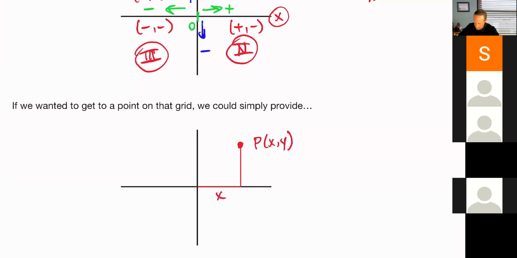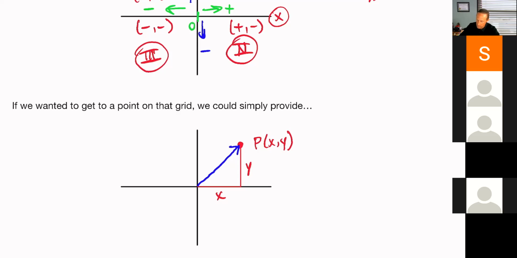To get there, I'd start at what is called the origin, and I'd go right x, up y. But to get to that point, wouldn't it be easier rather than going right some and then up some to just go directly there? Isn't that the quickest way to get from one point to another, a straight line?